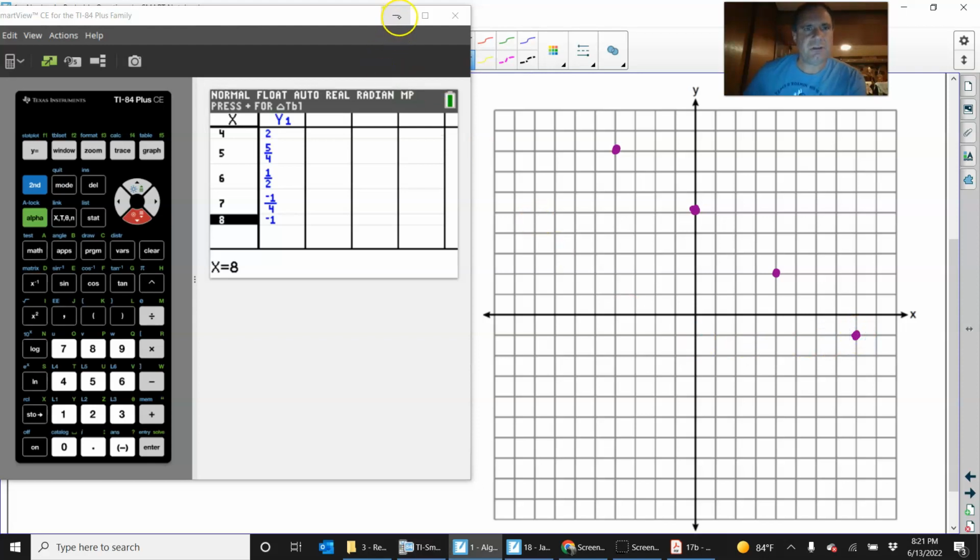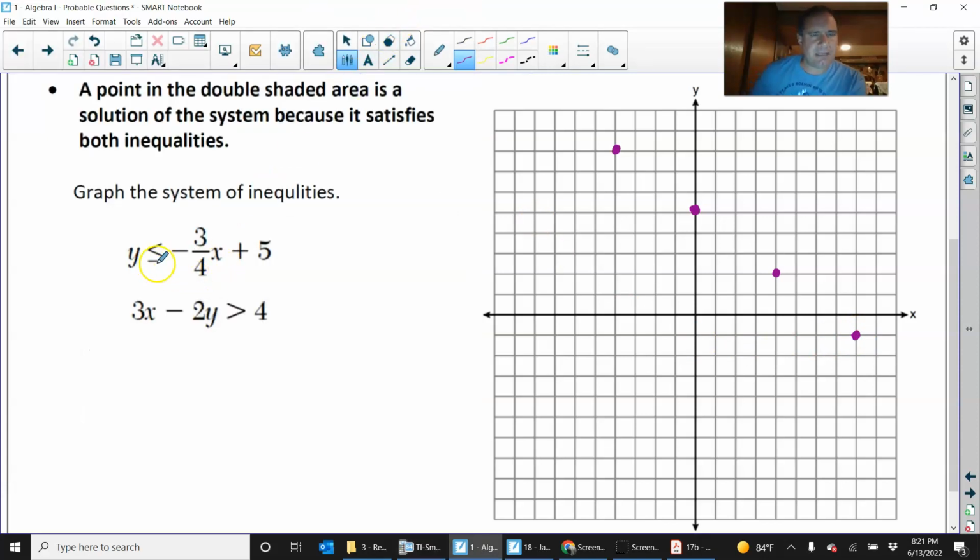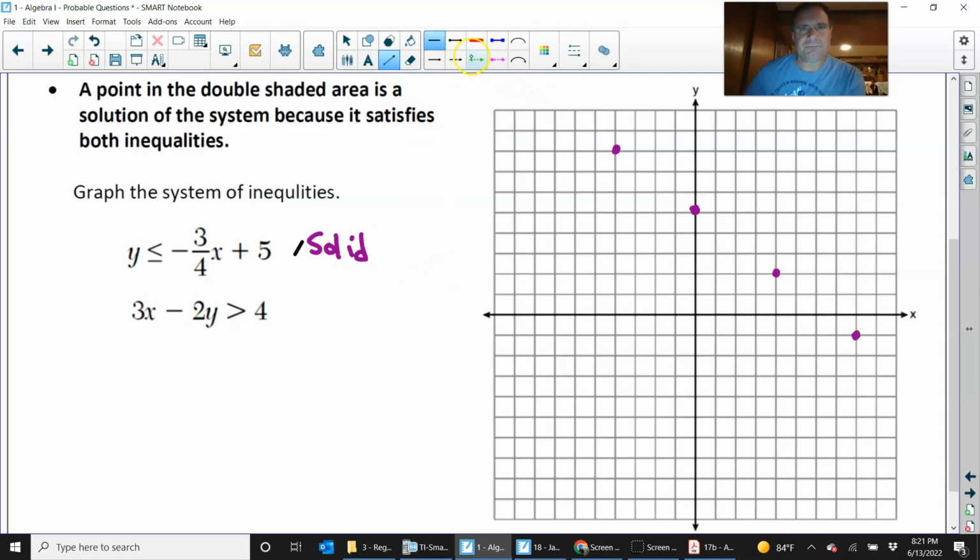All right. So I am going to go ahead, and this is an or equal to. So this is a solid line. Solid. Right? So I'm going to grab the ruler and I am going to go ahead and make sure that I have arrows.